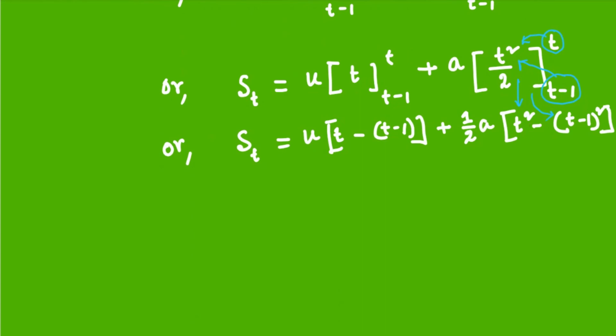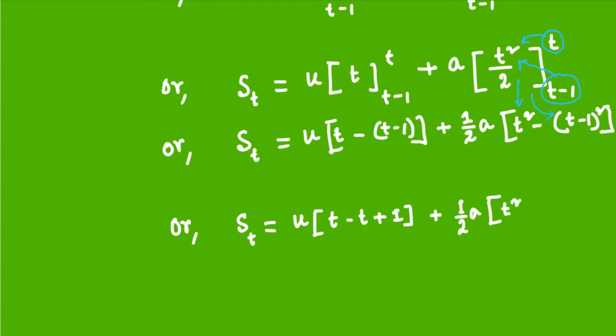Or, st equals u only, because t will cancel out, t minus t plus 1, plus 1 by 2 a, t square minus (t square minus 2t plus 1).